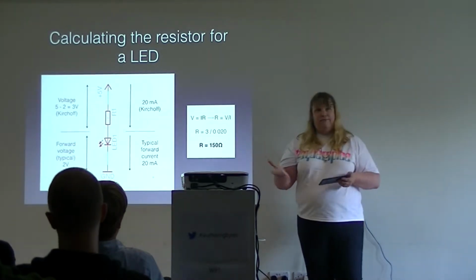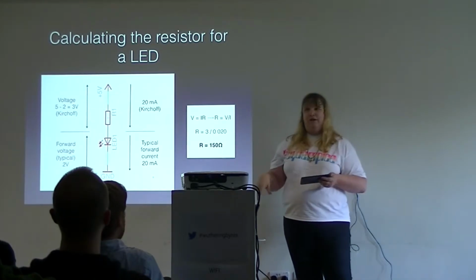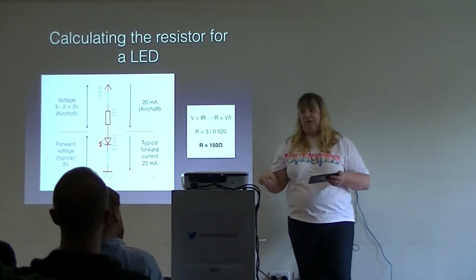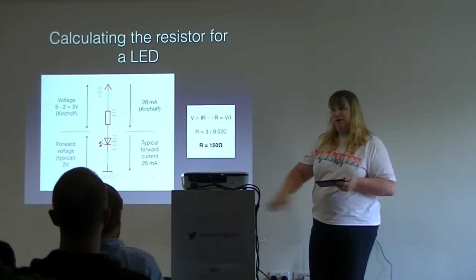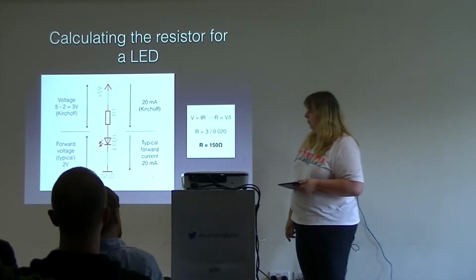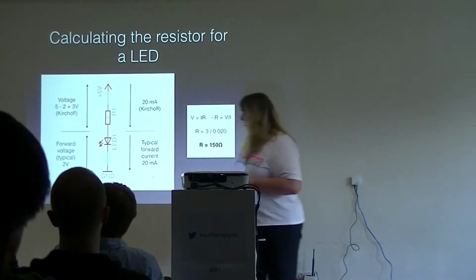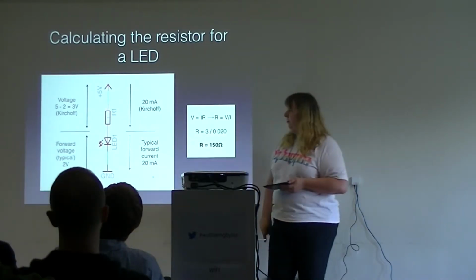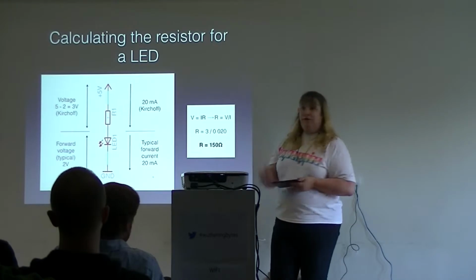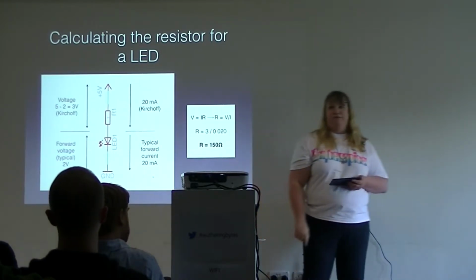Where do those numbers come from? So you look at the circuits on the web and it says use a 150 ohm resistor or a 300 ohm resistor or whatever. Where do you get it from? We know the forward voltage across the red LED is 2 volts. We know it's 20 milliamps. We can do a bit of maths and we come up with 150 ohms for the resistor.